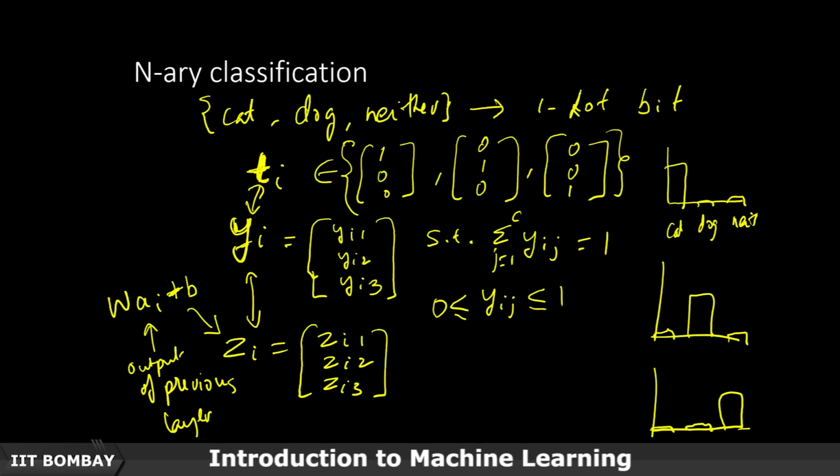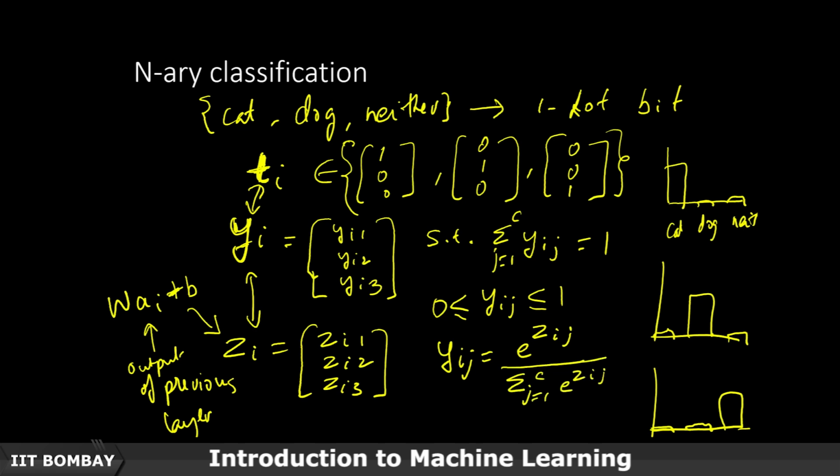So basically we have yij equal to e to the power zij, divided by the sum over j equal to 1 to the number of classes of e to the power zij.